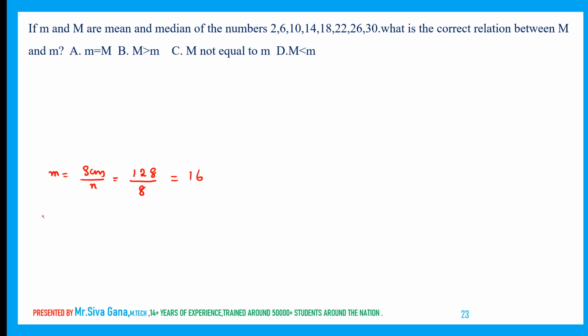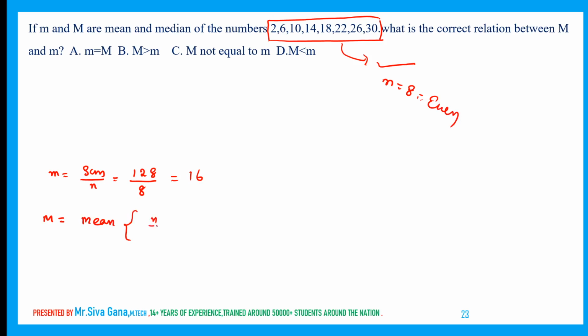That is the mean. Now the median is designated here as n. To calculate the median, we have to arrange the given set of numbers in ascending order. This is already in ascending order. Now the number of terms is 8. If the number of terms is even, then the median is the mean of the n by 2th term and the n by 2 plus 1th term.